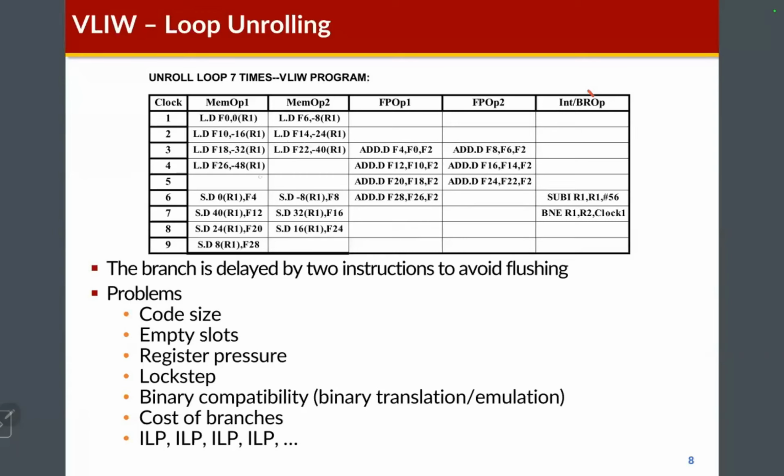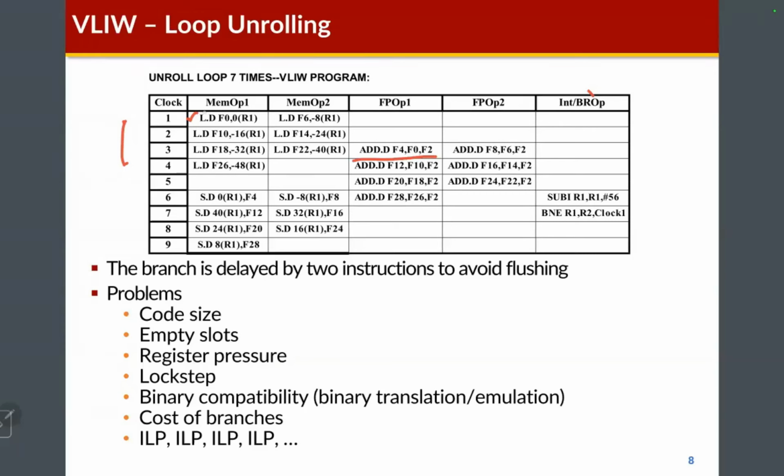So there are 7 load instructions. The 7 load instructions fill the first slots, like here, and the latency is also important. After the load instruction is executed at the first slot, the add instruction can be assigned to the floating point instruction slot.